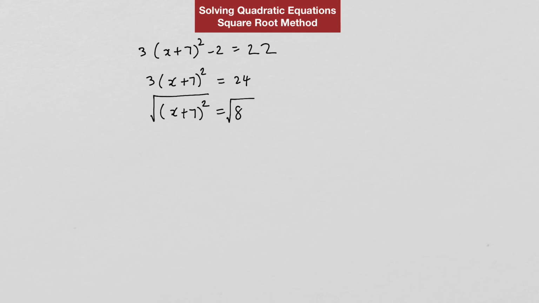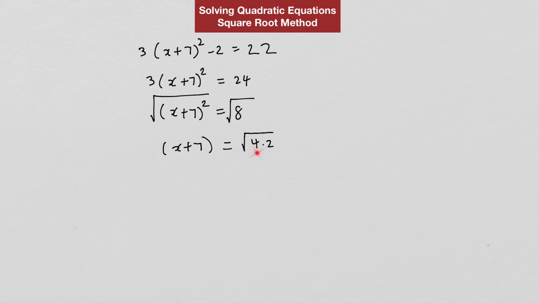Okay, and we're left with x plus 7 is equal to, now we have the square root of 8, which is really the square root of 4 times 2. Okay, the reason I did that was because I wanted to pull out a perfect square.